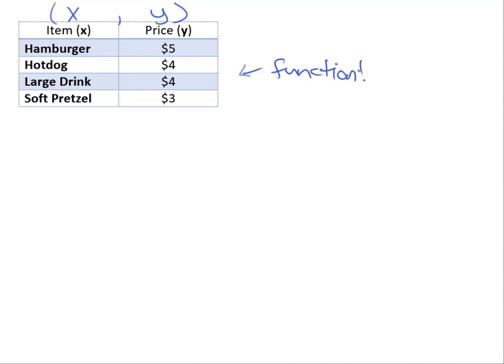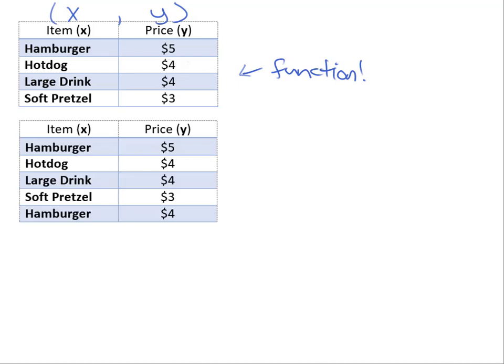Okay, let's take a look at a second one. Okay, so here's a different menu board. It's pretty much the same, except down below we've now added hamburger again with a second price, $4 rather than $5. Is it okay for them to be charging some people $5 for a hamburger and some people $4 for a hamburger for the same exact item?